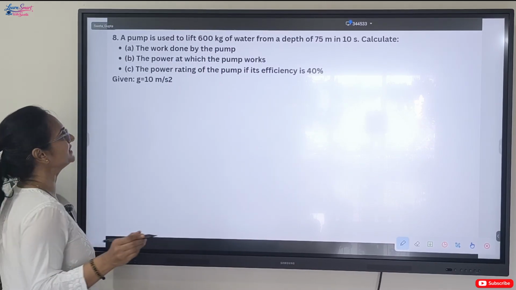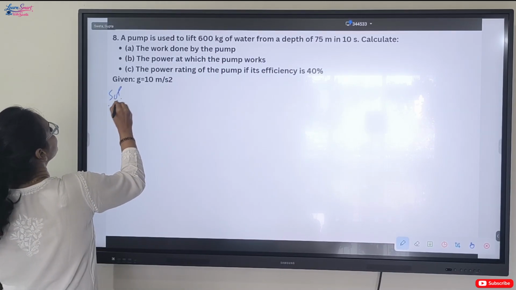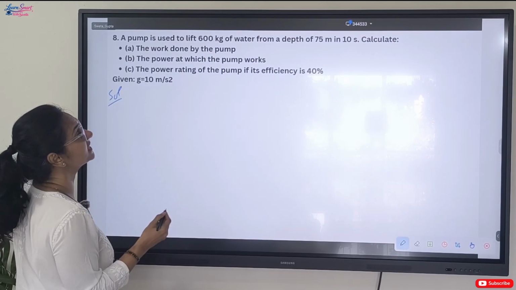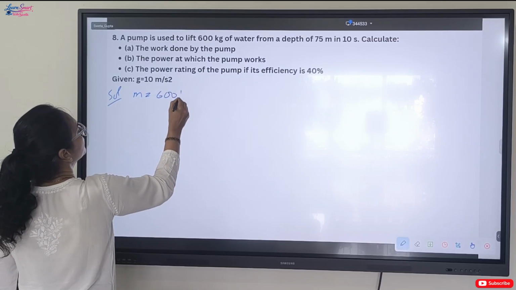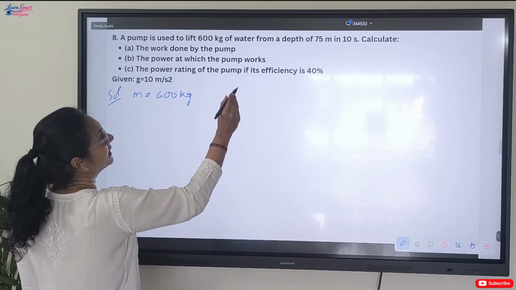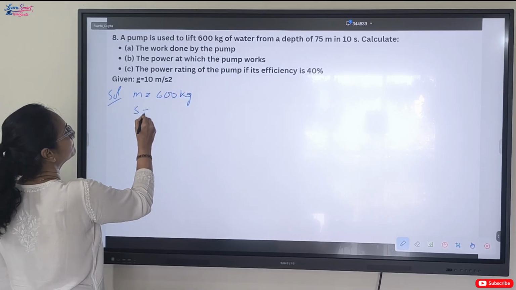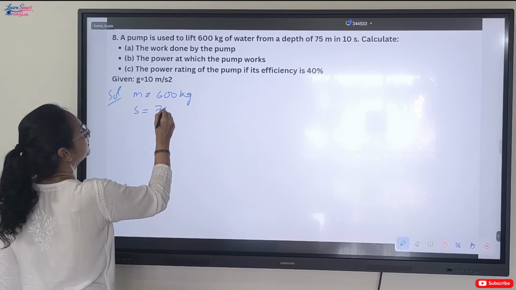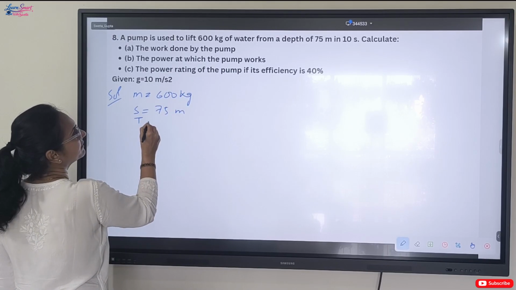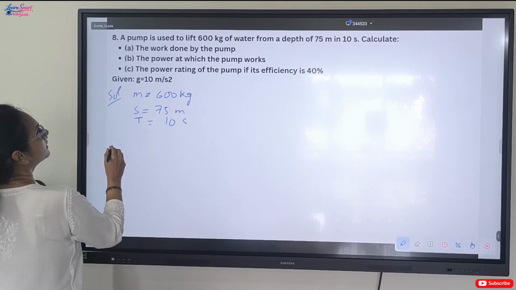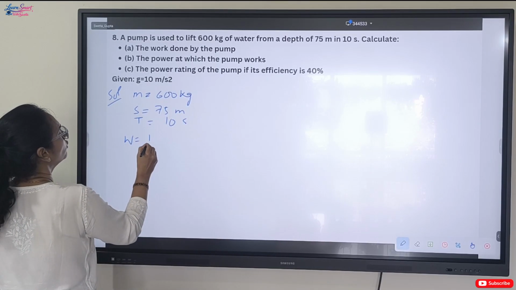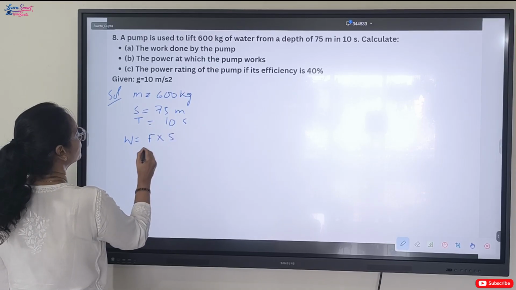Another question on pump. Let's see this. It says pump is used to lift 600 kg of water. So mass of water is 600 kg from a depth of 75 meter, which means displacement is 75 meter. Time they have given is 10 seconds. We have to calculate the work done. So work done is equal to force into displacement.